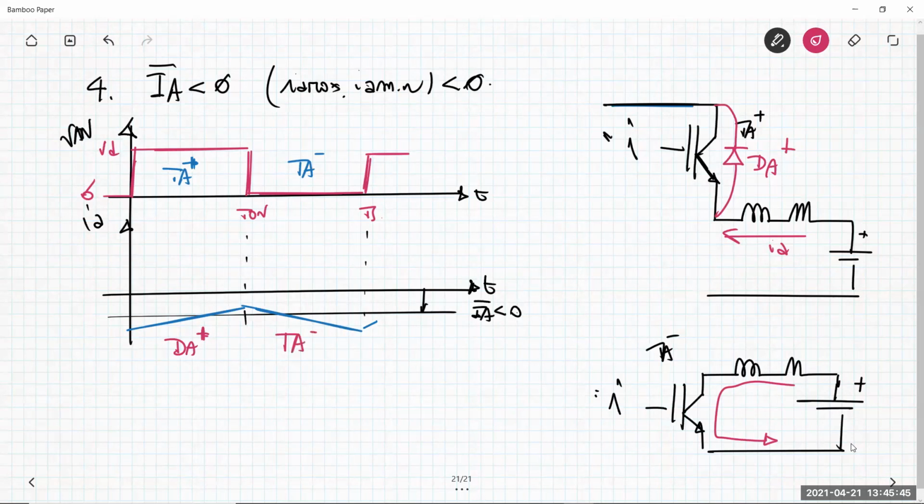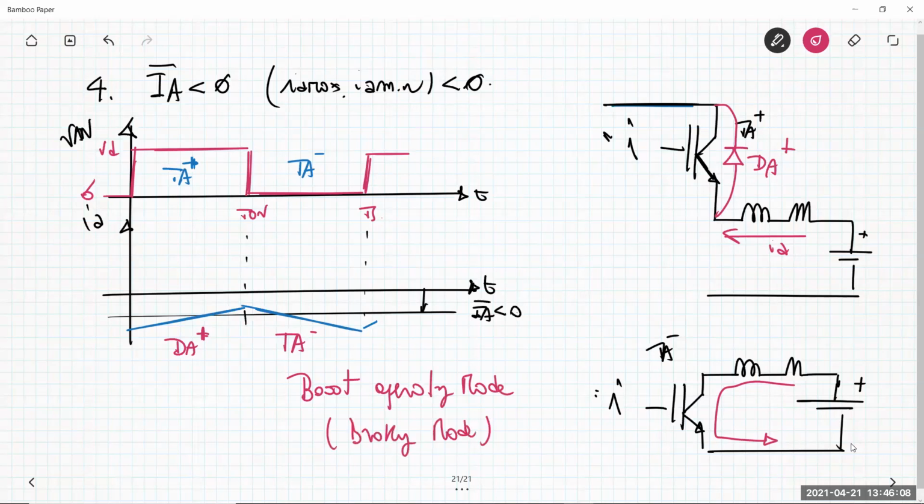Okay, now we are exactly in what is called the boost operating mode, because the devices that conduct the current, depending on the conduction devices, let's say the on devices, are exactly those of the boost operating mode. Of course, we are again in the braking mode.